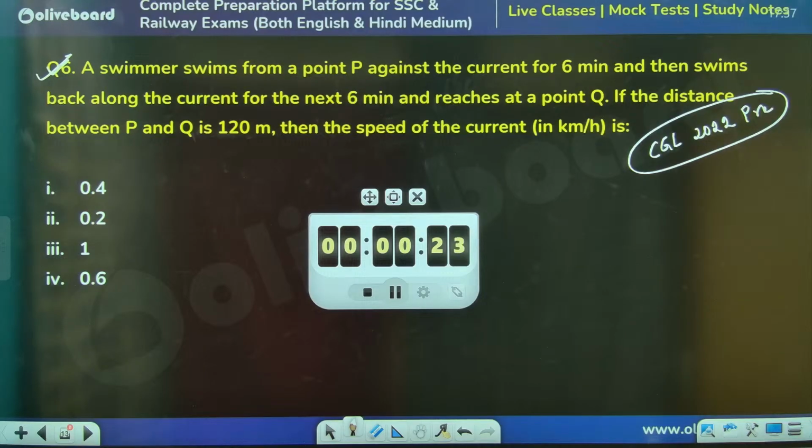Beautiful, beautiful question, this one. Time up. Any answers?